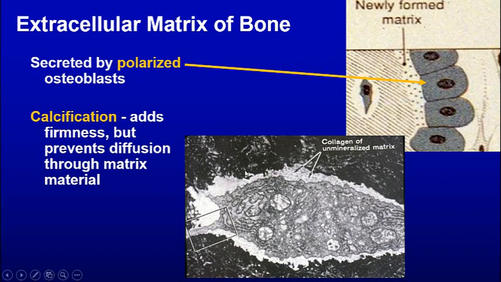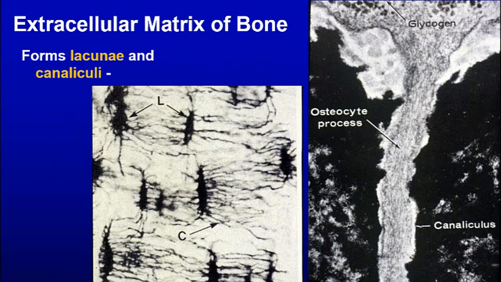Calcification adds firmness to the bone. But in doing so, it also prevents diffusibility of the matrix. So the bone has to come up with another way to get nutrients between cells. It does that by having the lacunae attached to one another by these canaliculi. So these are canaliculi.